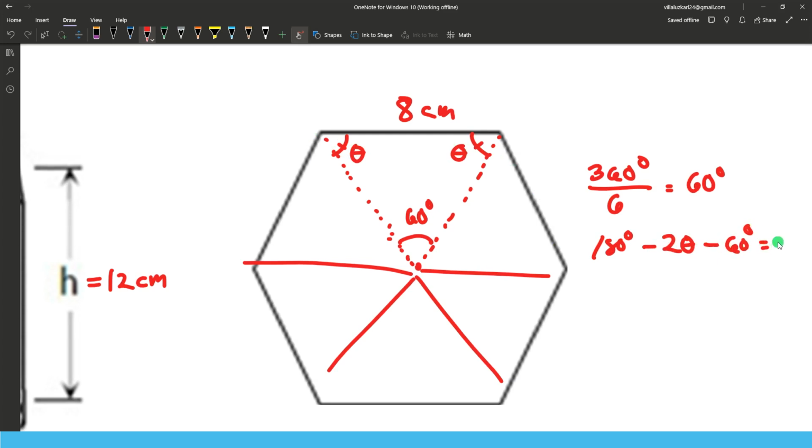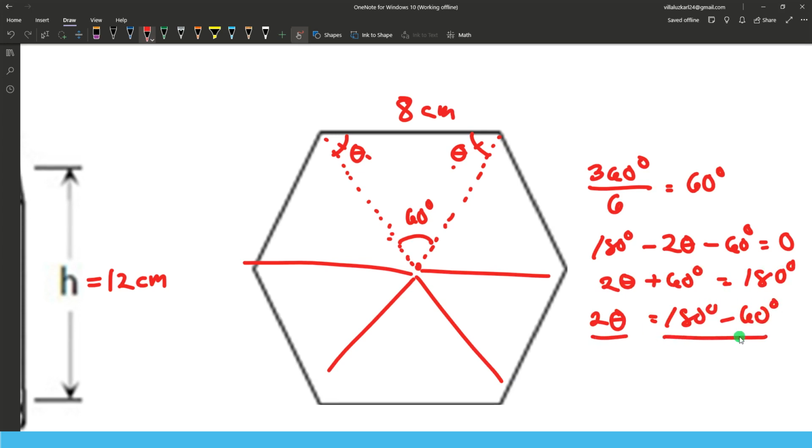When we add these three angles, 2 theta plus 60 should be 180 degrees. So to find theta, just subtract 60 from 180 and divide by 2. So theta is equal to 60 degrees, which means this is an equilateral triangle.